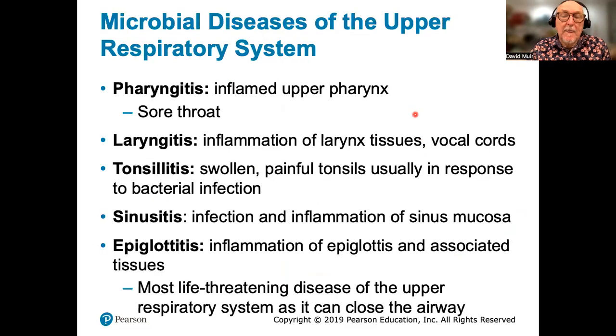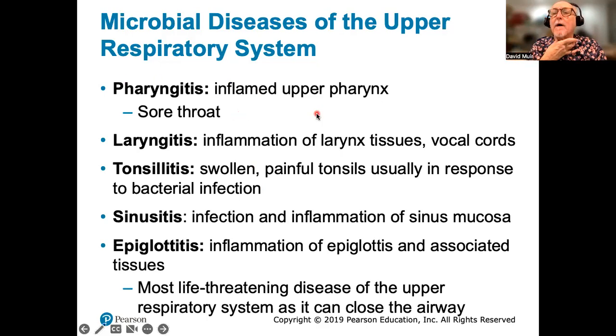So depending on what part of the anatomy is being infected by bacteria, it usually produces an inflammation. A pharyngitis is the typical sore throat that we get. Now, people will often say, I've got strep throat. There are many bacteria with pathogenic qualities that can cause a sore throat. But this is a typical manifestation.